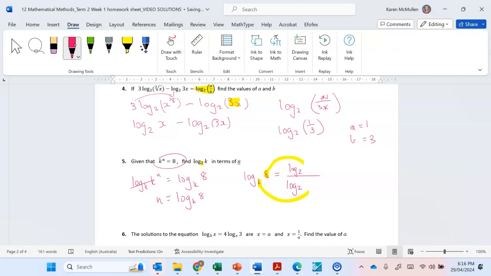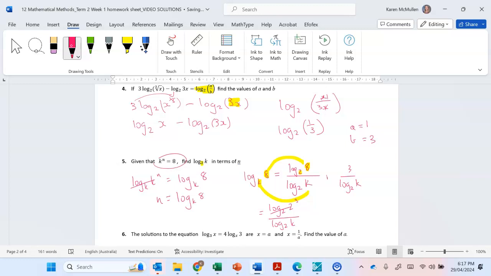So we're going to have 8 there and a k here. Now this 8 and this base tell me that I can simplify that. So I'm going to have log base 2 of 2 cubed and then log base 2 of k on the bottom. So we're left with 3 over log base 2 of k.